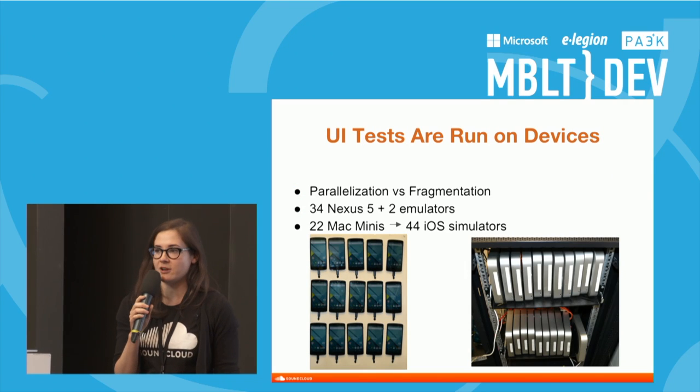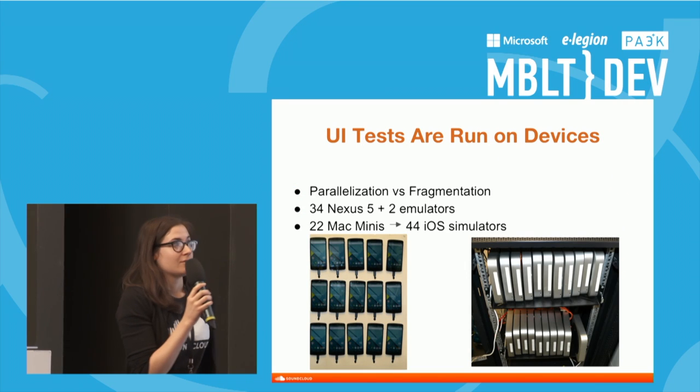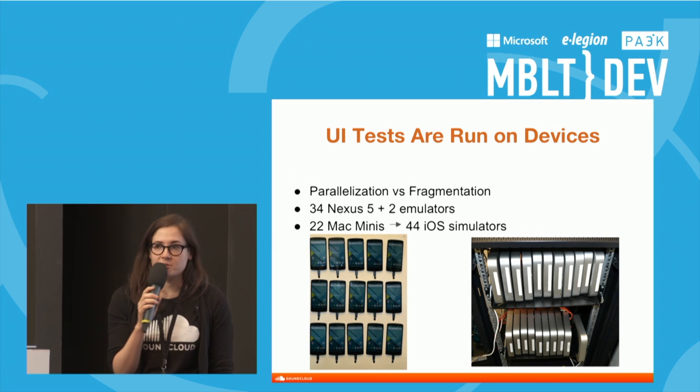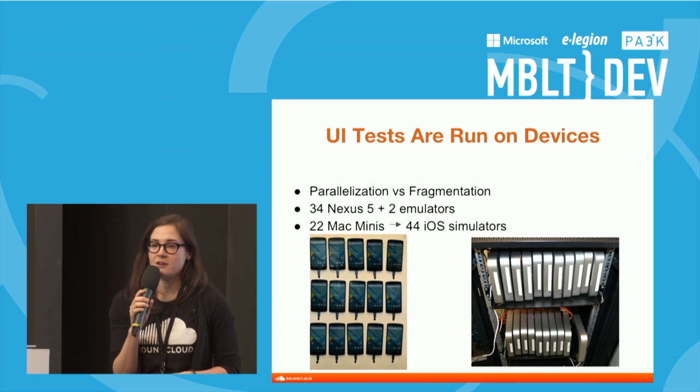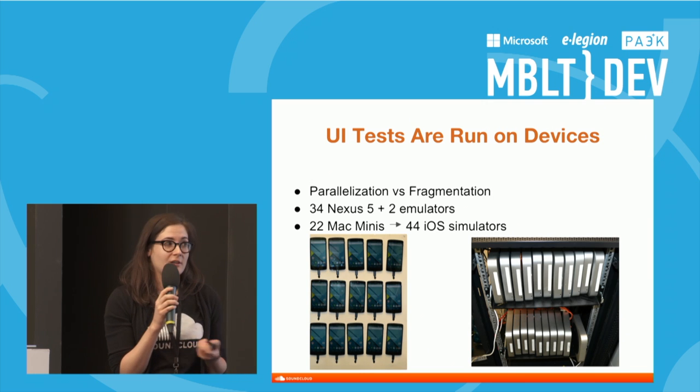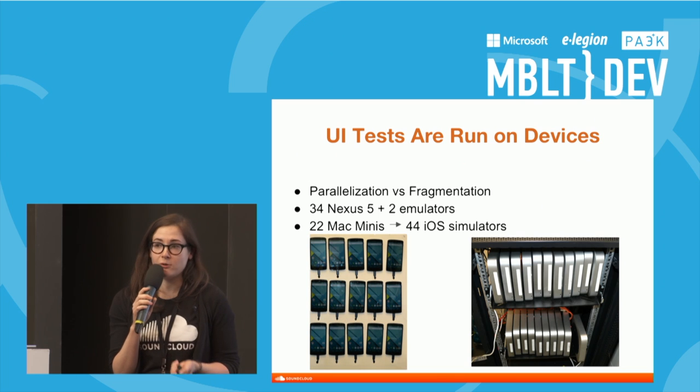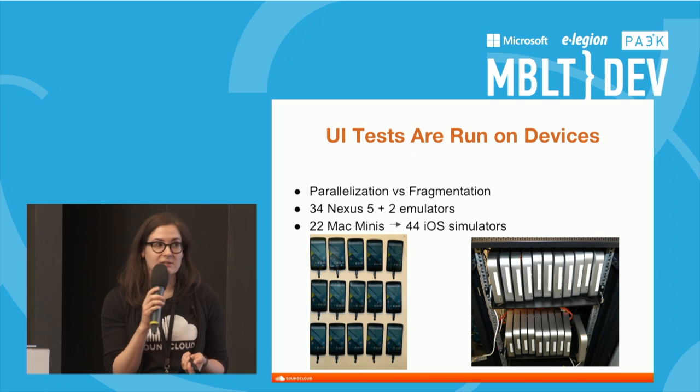Now you might be wondering, how do we actually run these? There are 2 kinds of approaches when you're running UI tests on devices: parallelization or fragmentation. As you all know, there are a lot of different devices out there, or even just different OSs.